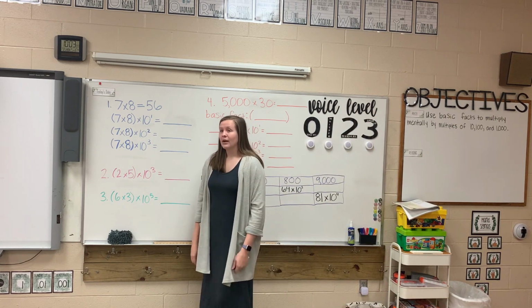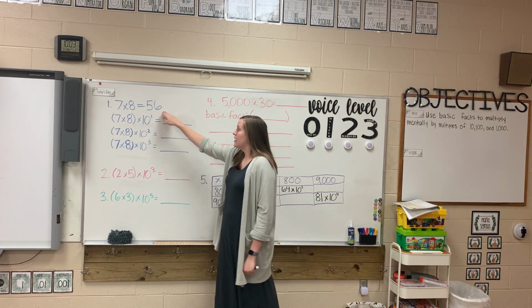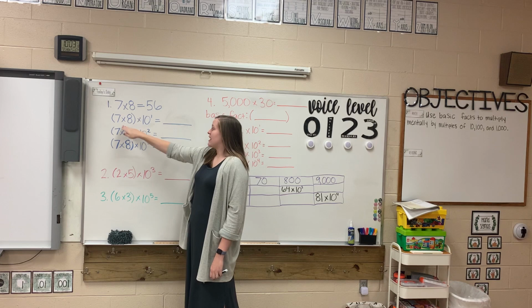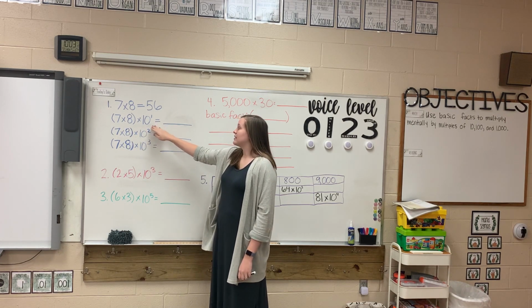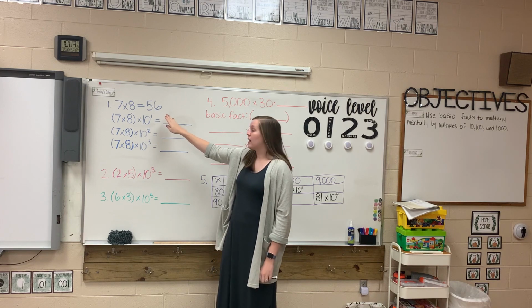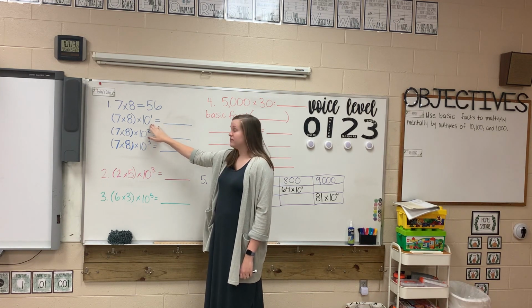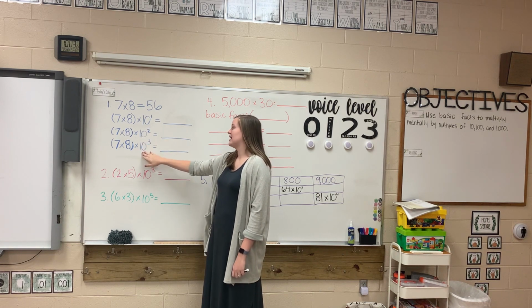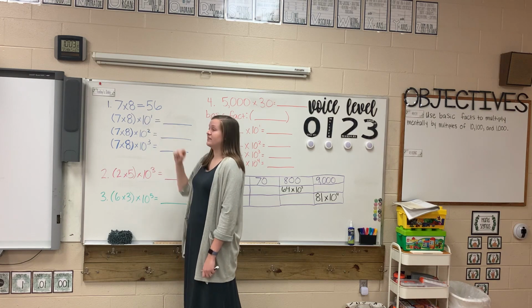Our basic fact for number 1 is 7 times 8 equals 56. You can see that we have 7 times 8 times 10 to the power of something. So this is the first power of 10, the second power of 10, and the third power of 10. So it tells us that 7 times 8 is 56.